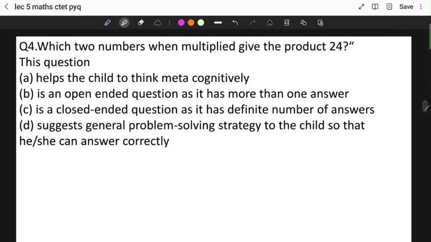Which two numbers when multiplied give the product 24? Now this question is different. Actually, this is from mathematical pedagogy.